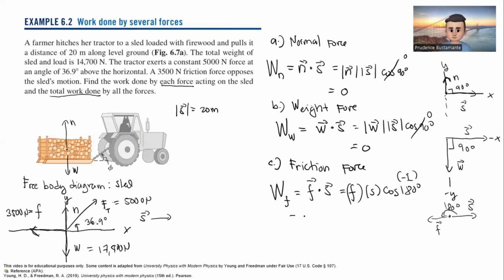So we have 3,500 Newton times 20 meters times negative 1. So we have negative 70,000 joules.